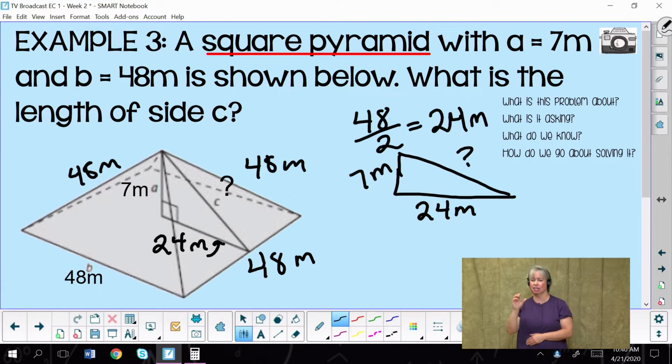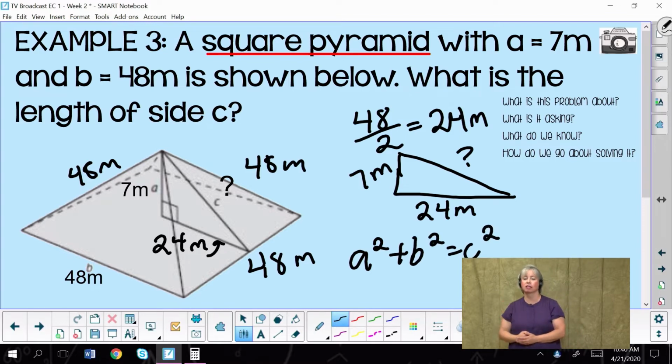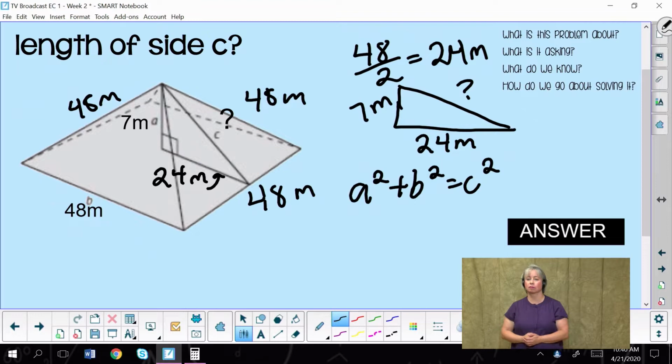Okay, so here we go. We can use the Pythagorean theorem that we learned last week. a squared plus b squared equals c squared. And our a would equal 7 meters. Our b would equal 24 meters. And our c.